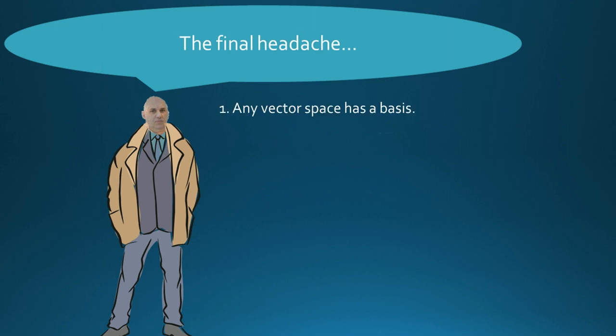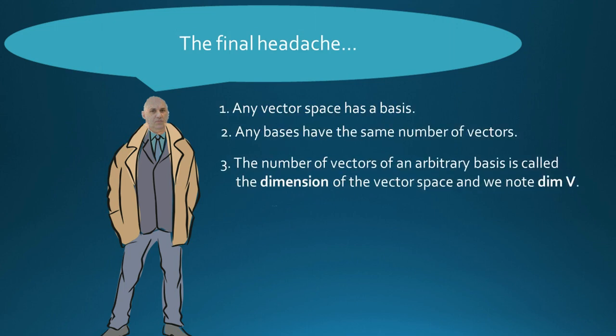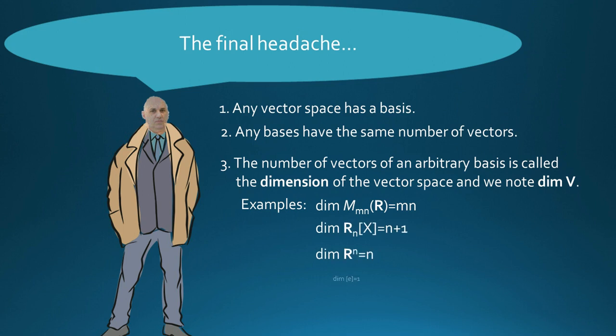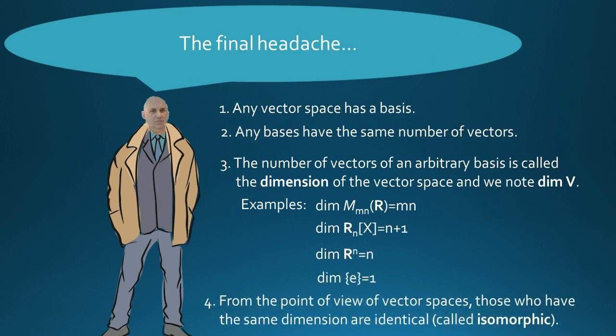The final remarks. 1. Any vector space has a basis. 2. Any bases have the same number of vectors. 3. The number of vectors of an arbitrary basis is called the dimension of the vector space, and we note dim V. Examples.